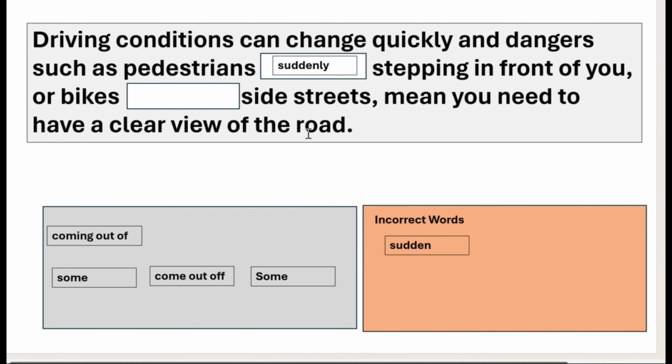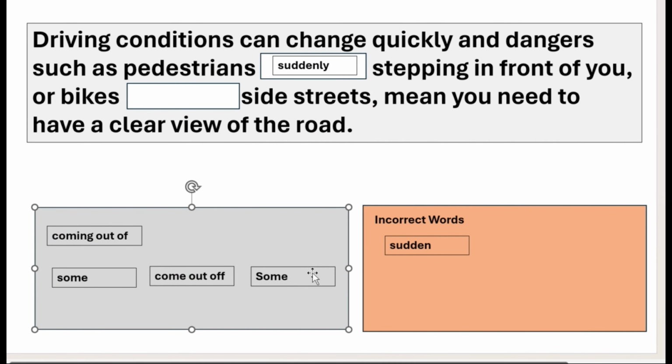Bikes gap side streets. So bikes coming out or come out of side streets. Maybe they should put it from here, whatever it is. If I put some, or bikes some sides, it's not gonna happen. So some is the wrong answer.